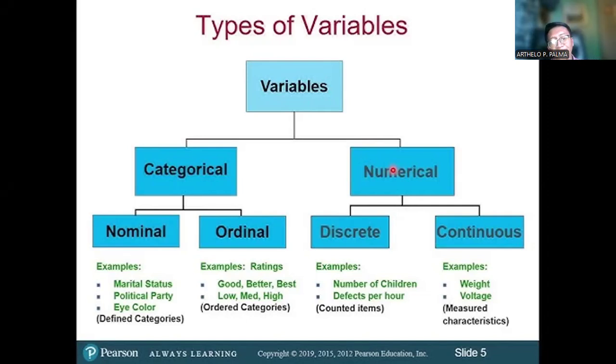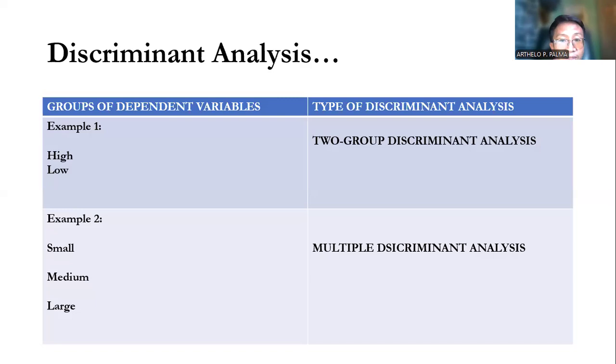So your dependent variables in discriminant analysis could be nominal or ordinal. But in logistic regression, since it's only binary, most probably you will be facing only two categories. So these are examples of nominal and ordinal variables under the categorical variable.